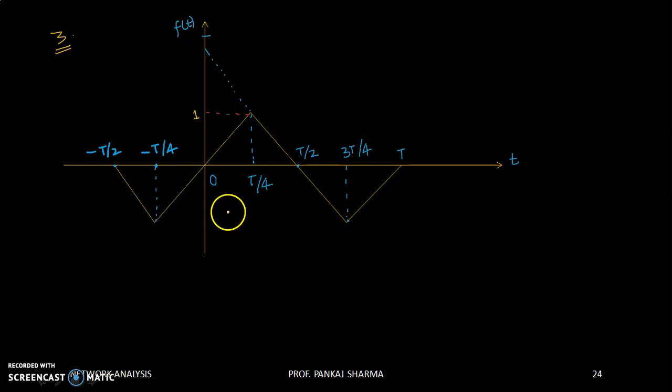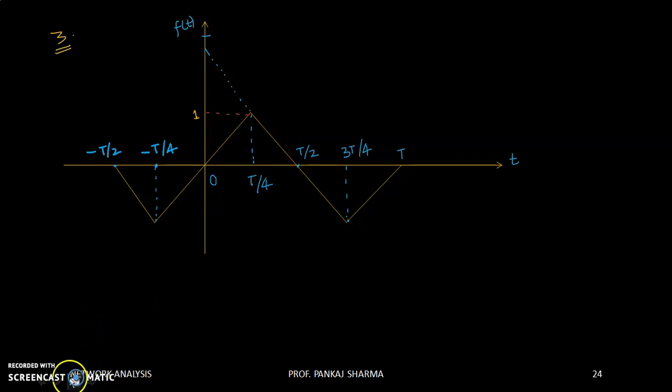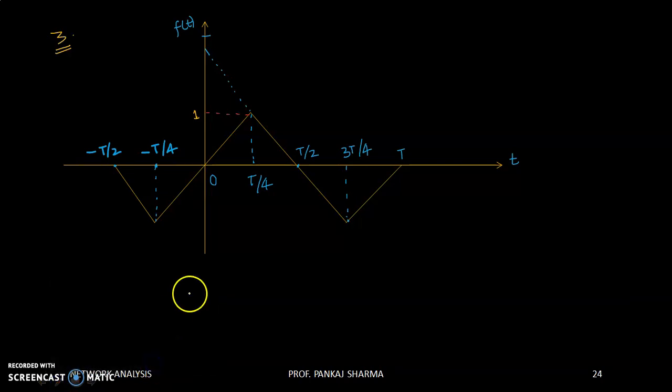We can see the given waveform has odd symmetry. Let us do it for the exercise, for the solution. It is having odd symmetry, right? So just write it is having odd symmetry.